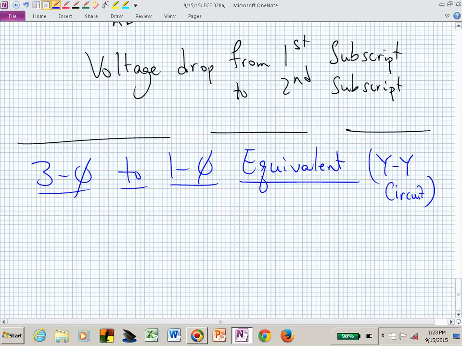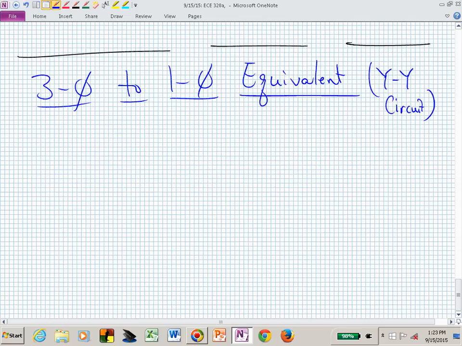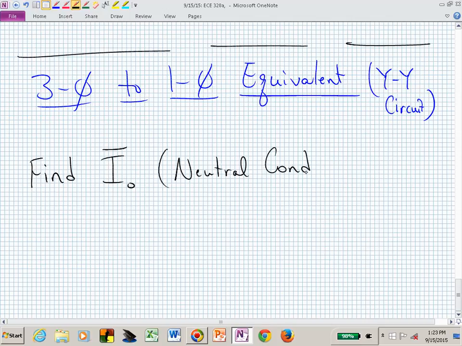If we go back to our YY configuration, what I want to do is first try to find the current that's flowing in the neutral conductor. To get us started, to wake you back up, let's do a quiz.